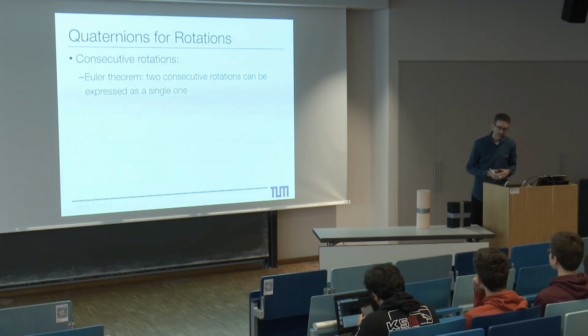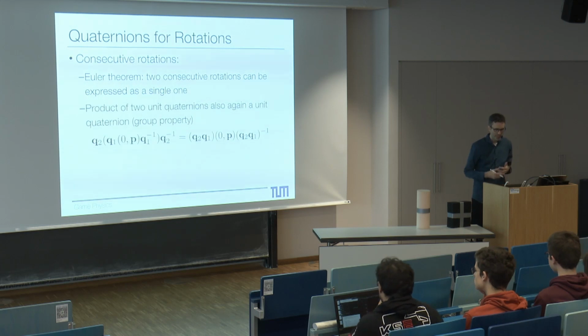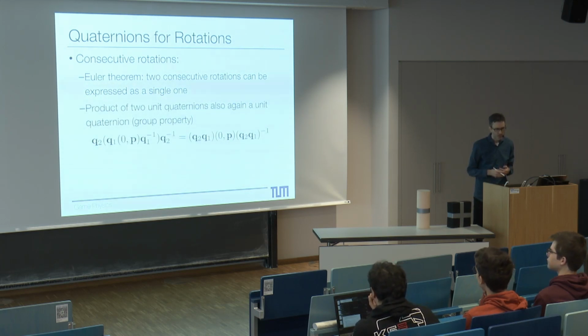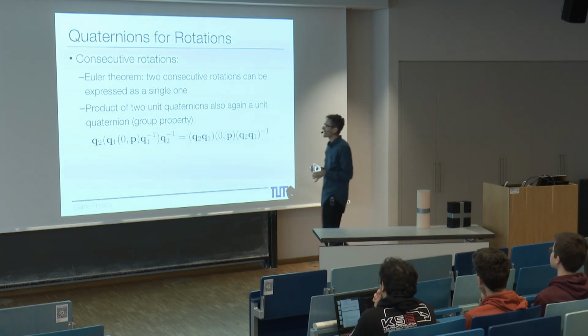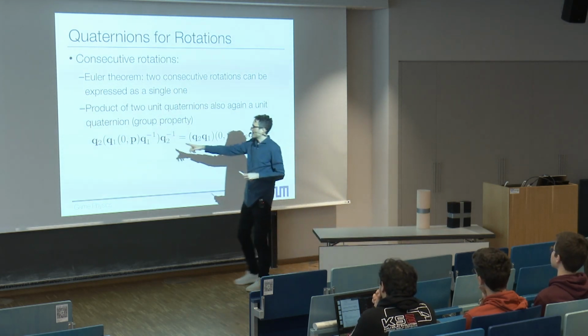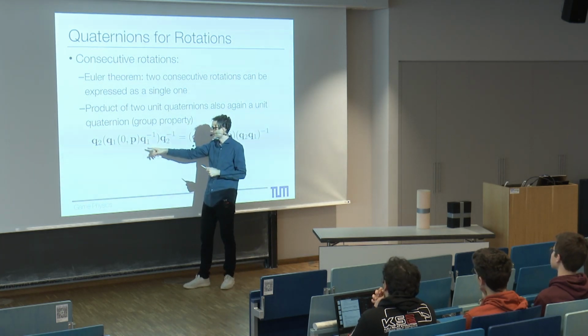So, you can express 2 as 1, or you can combine two quaternions into a single one. And the reason why I wrote out this one again is that here we're basically dealing with multiplication first by some quaternion Q1.